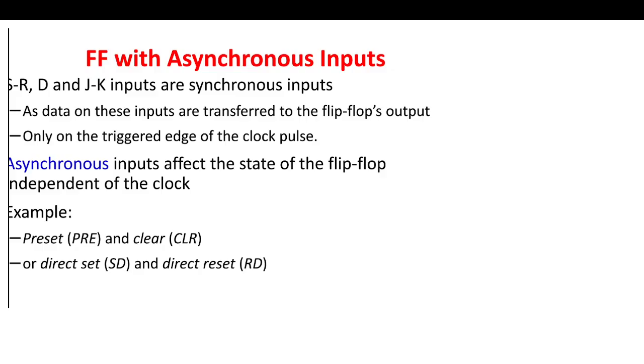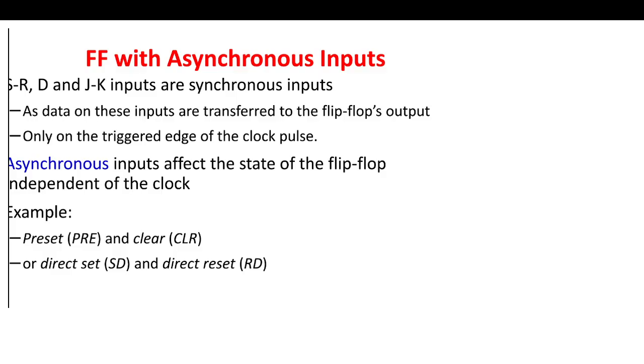Next, flip flop with asynchronous input. What this means is, we have a flip flop, we have an input which is varying with the clock. Whenever the clock positive edge comes, the flip flop is operating based on the input and the previous state and giving a particular next state output.